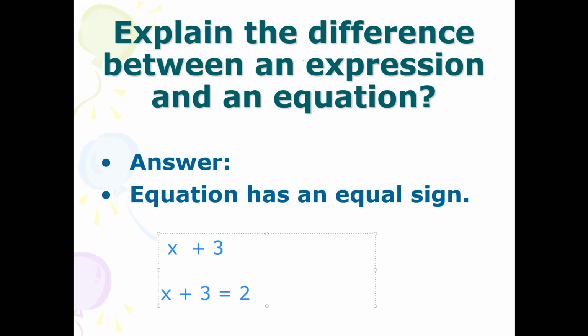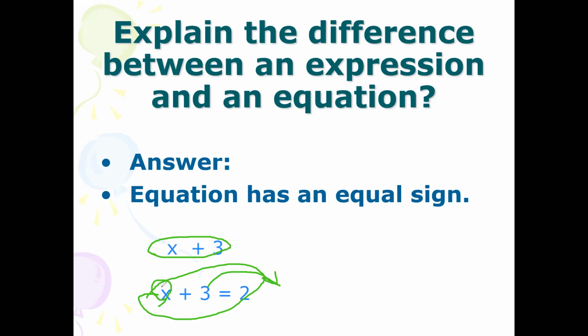The first one is just an expression in which we are adding 3 to x. But this is an equation in which we can find the value of x, because if we shift 3 to the other side of the equation, we will find the value of x. This has an equality sign, and this equality sign helps us to find the value of x.